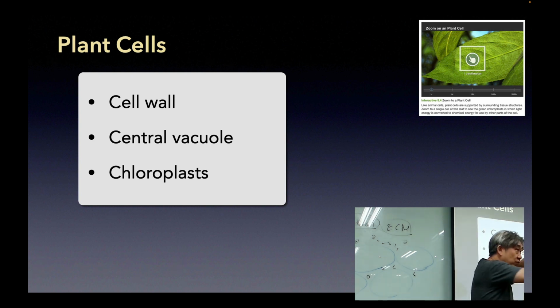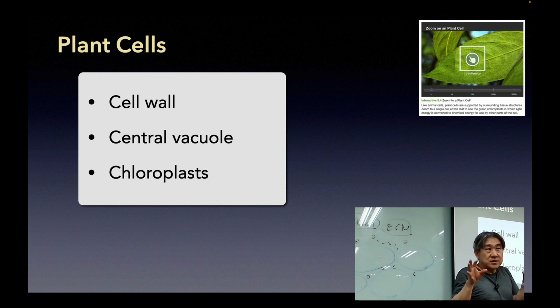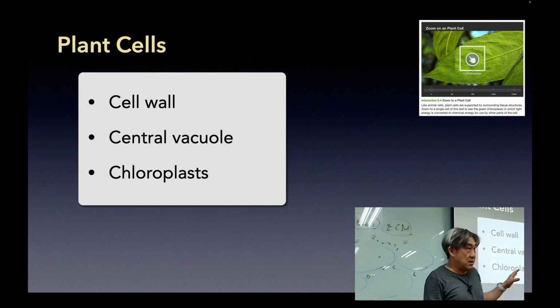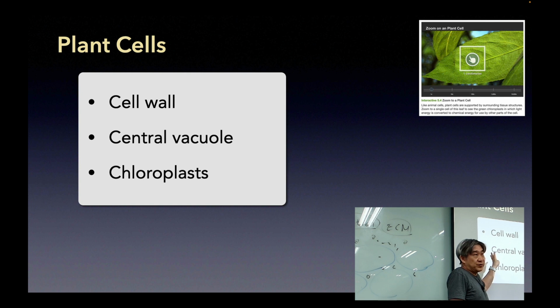First, cell wall, a rigid outside protection, and chloroplast, which provides the photosynthesis function. And another, probably central vacuole, is something you probably did not hear about as frequently as others.